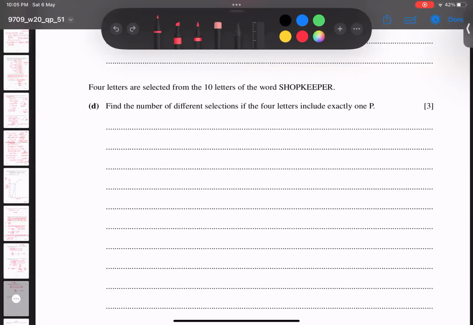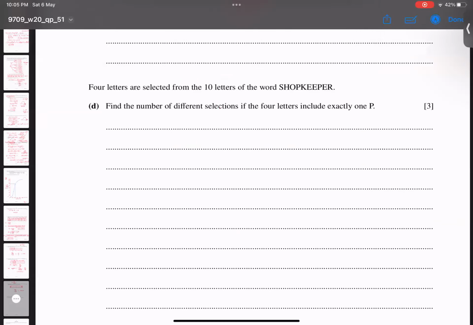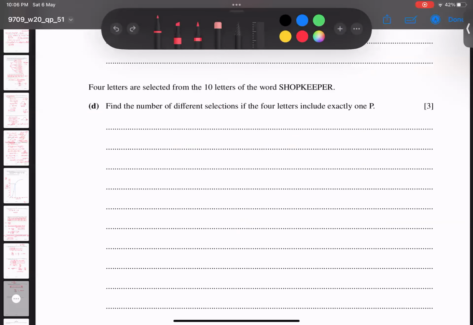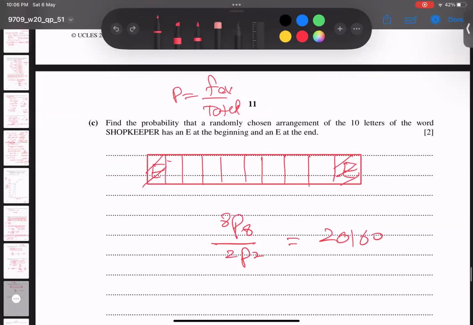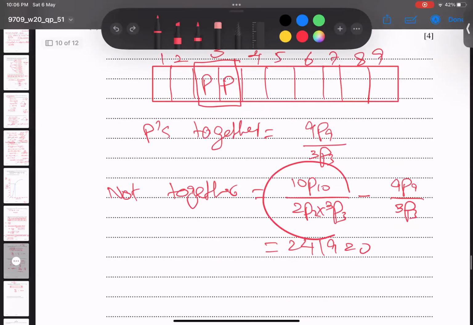Last part, he's saying four letters are selected. Sorry, we need a probability. So probability means this is the answer, I got it. And now the total answers we got before, without restriction. So 10P10.